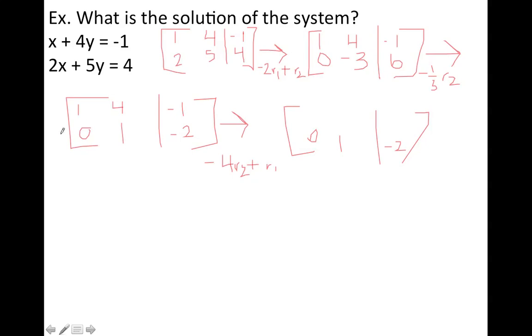Then we multiply row 2 by negative 4, so 0 times negative 4 is 0, plus 1. 1 times negative 4 is negative 4, plus 4, and we get 0. And negative 2 times negative 4 is 8, plus a negative 1, we get 7. So notice how we have the diagonals of 1, and other term is 0 on the left-hand side of our line. So our solution should be an ordered pair 7, negative 2.